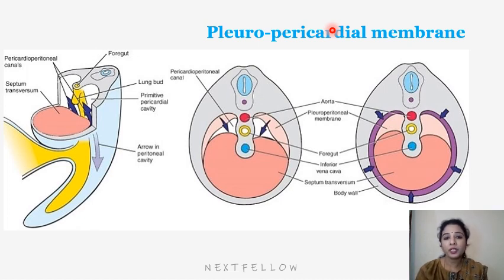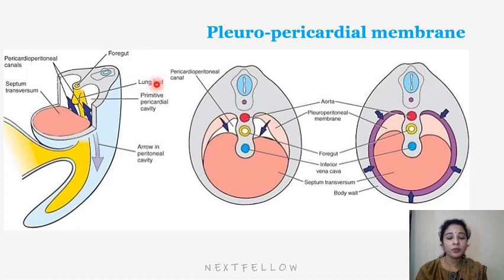Pleuro-pericardial membrane we will see now. The lung buds grow into the pleuro-pericardial canals. Here these are the pericardio-peritoneal canals, and this is the septum transversum developing, and we can see the developing lung bud from the foregut.